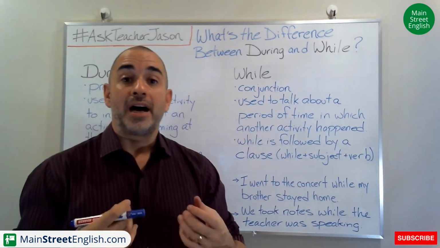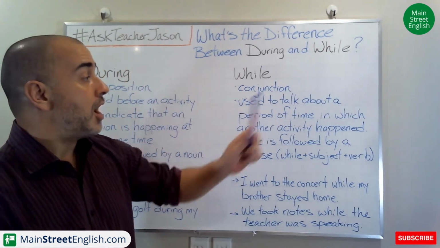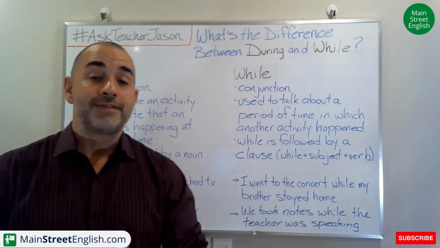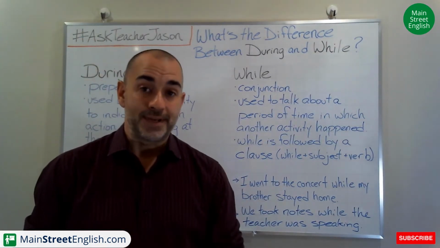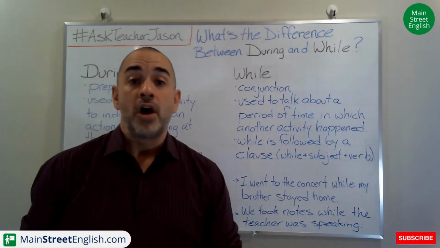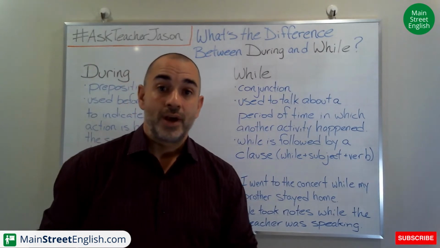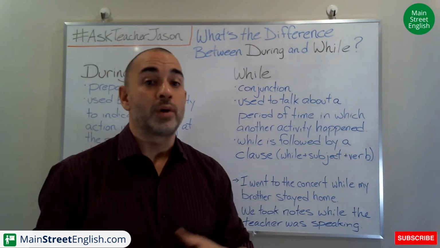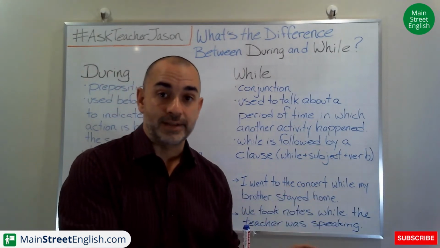While is a conjunction, and it is used to talk about a period of time in which another activity happened. While is followed by a clause. So while plus a subject and a verb, or while plus a verb and a subject.